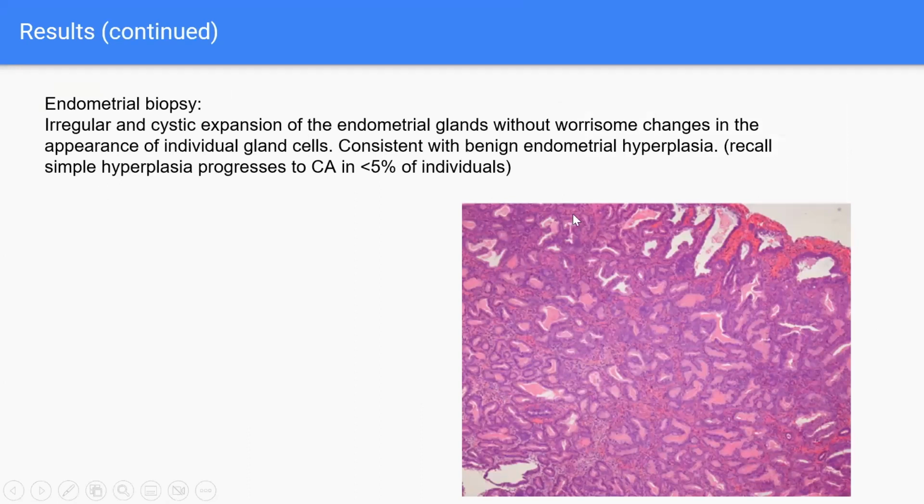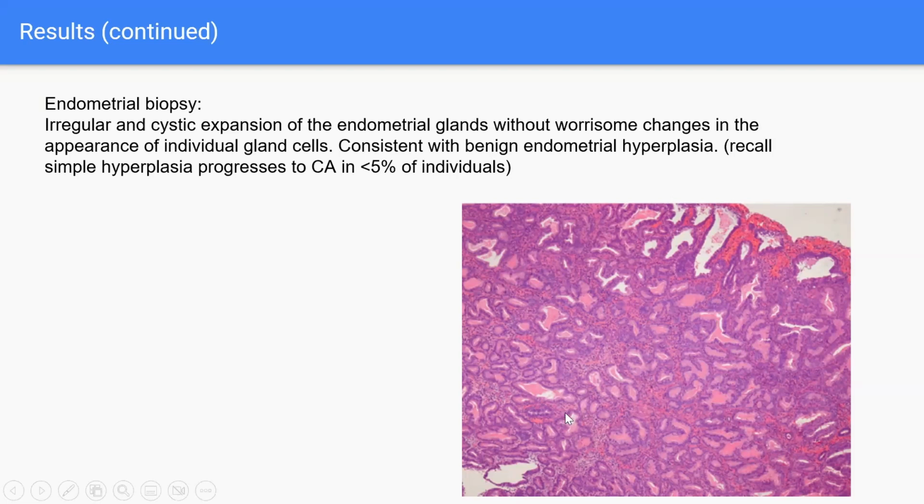Okay, and here is her endometrial biopsy. It read: irregular and cystic expansion of the endometrial glands without worrisome changes, consistent with benign endometrial hyperplasia. So here are those endometrial glands, as I was saying. We know that endometrial cancer is from the glands. It's a glandular cancer, adenocarcinoma.